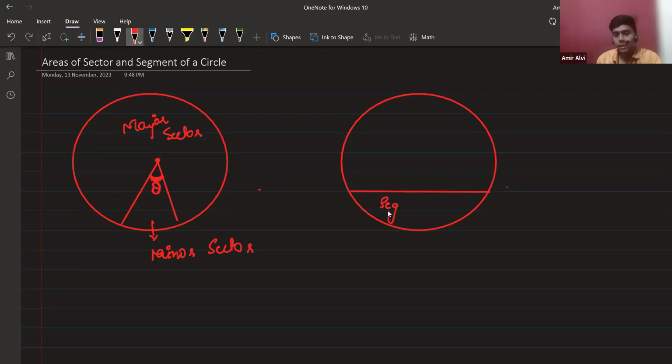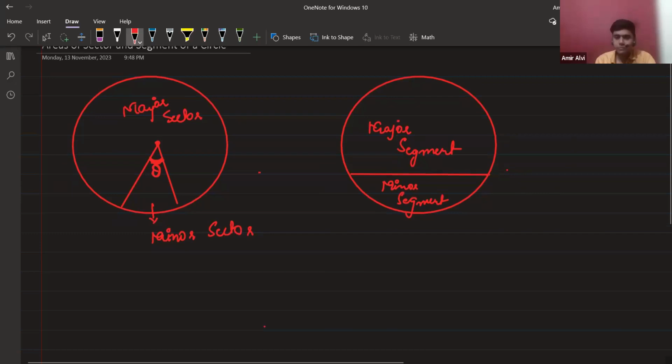This smallest partition will be called the minor segment, and the remaining major portion will be called the major segment. Clear, everybody? Any doubt? So we have to deal with these topics.